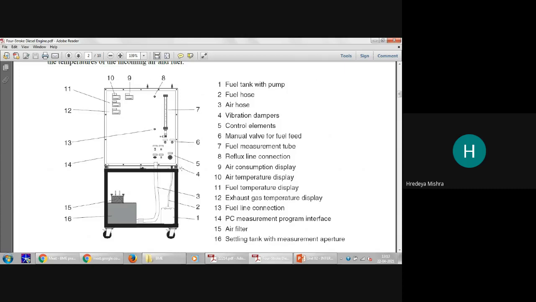Why are the vibration dampers provided? The vibration dampers are provided to absorb the vibration produced during engine operation. When the engine is operating, there is vibration. You can feel that vibration when you drive your vehicle, your bike or car. That is how you know your engine is started or not.